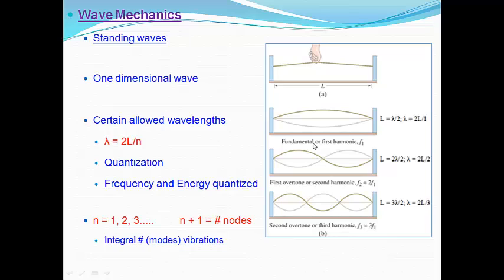If we were to pluck the string stronger to cause it to vibrate at a higher frequency, the first, what we call the first overtone, or the second harmonic, the vibration that comes after the fundamental, essentially shows us that there is this kind of vibration.